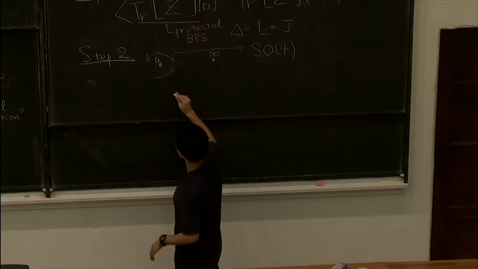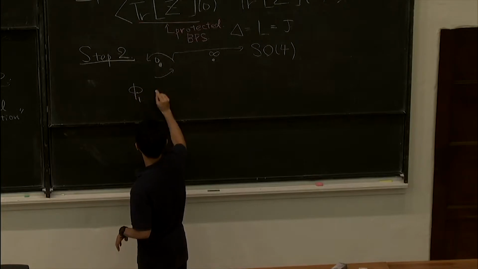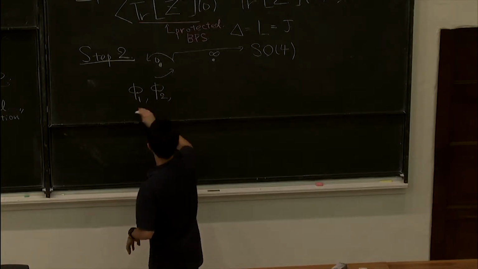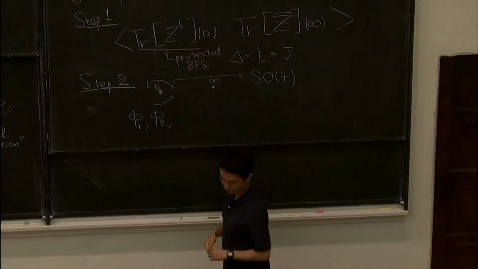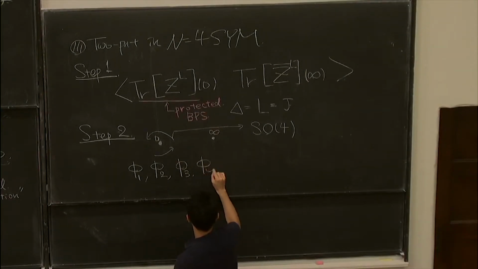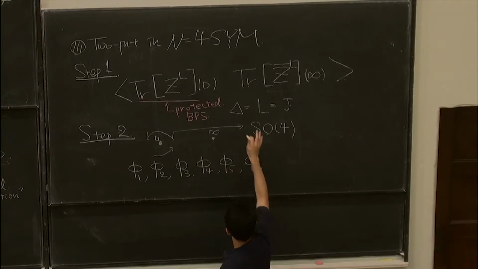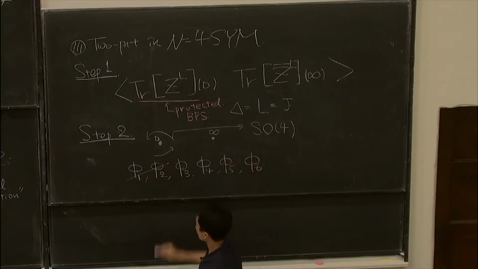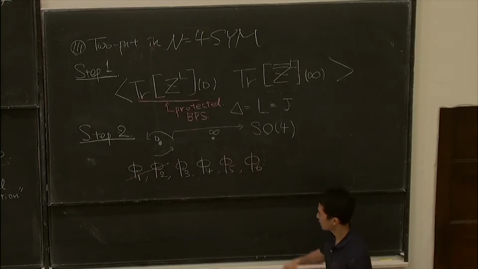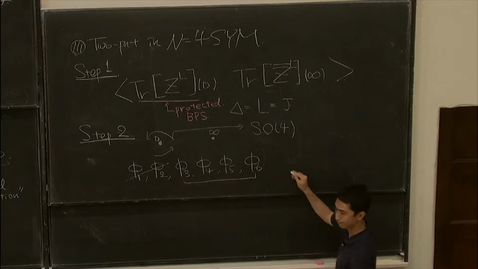And in addition to that, I'm going to remind you that Z is essentially given by the complex combination of 2 real scalars. But we know that in N=4 super Yang-Mills theory, there are actually 6 scalars. So in this configuration, I'm using 2 of the 6 scalars. But there is still a degree of freedom which rotates the remaining 4.